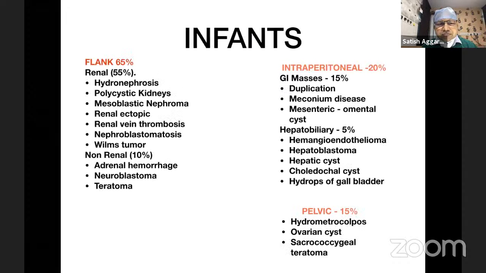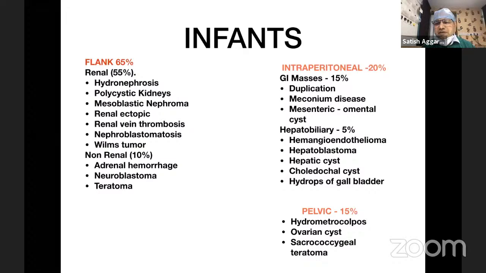Let us see. Now, when we are talking of infants, masses in infants, the flank masses, you can have a very clear distinction whether this mass is in the flank or in the center of the abdomen or in the iliac region.